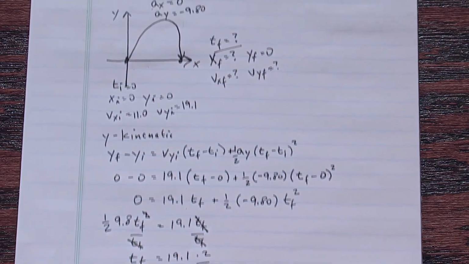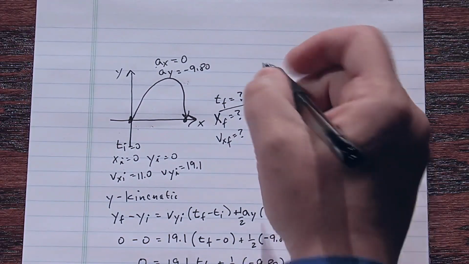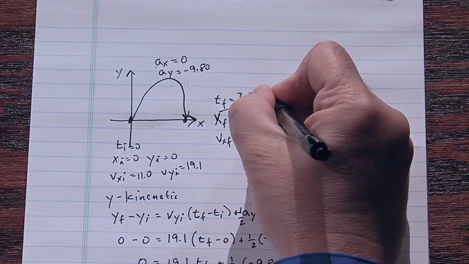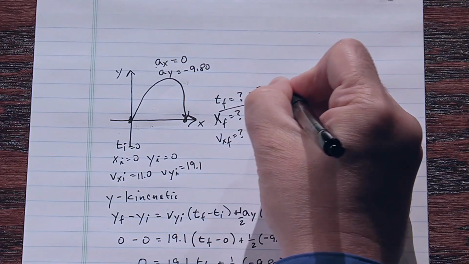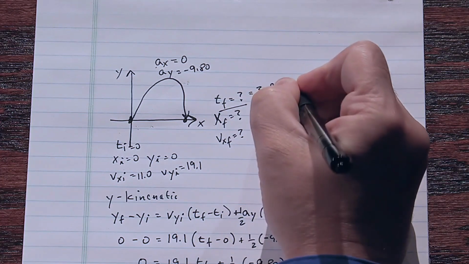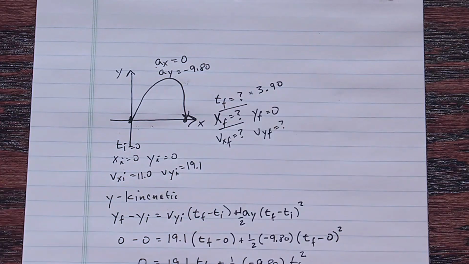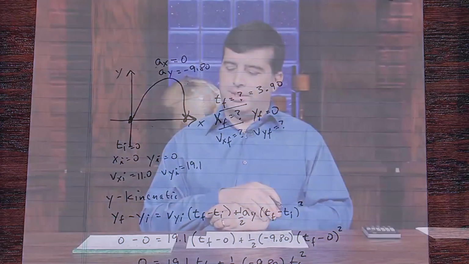Now that we know t final, we can go back to answer the other question that was asked. What is x final? So now we know that t final is 3.90 seconds, and we want to know x final now. Well, once again, we don't know Vx final, so we could use a kinematic equation for x that doesn't have Vx final in it, and that would simply be the same equation that we used for y with x in it.